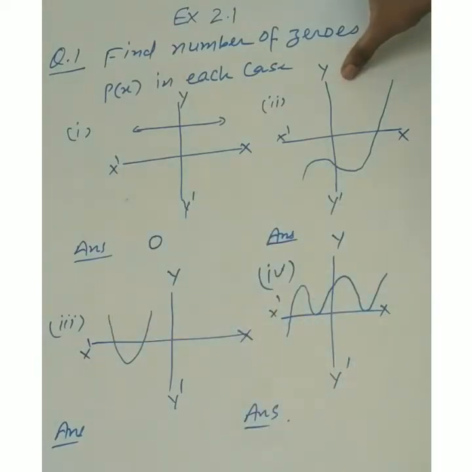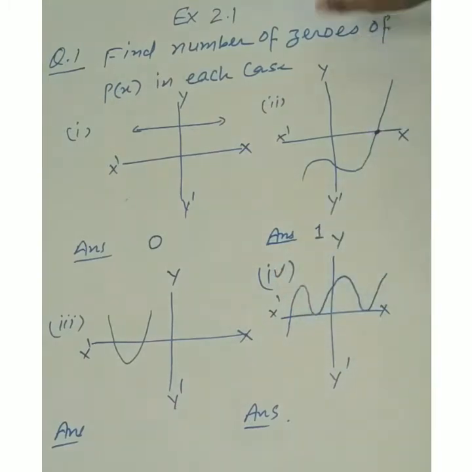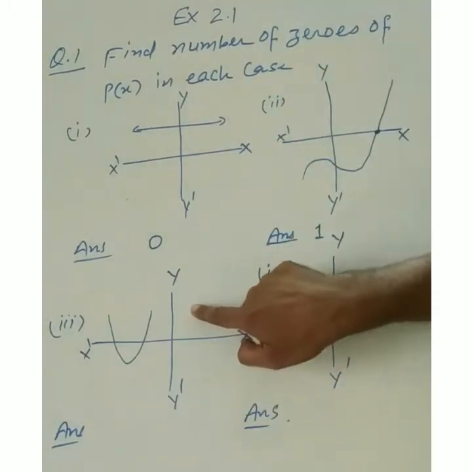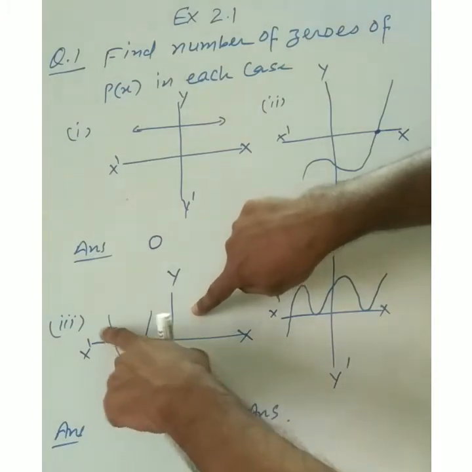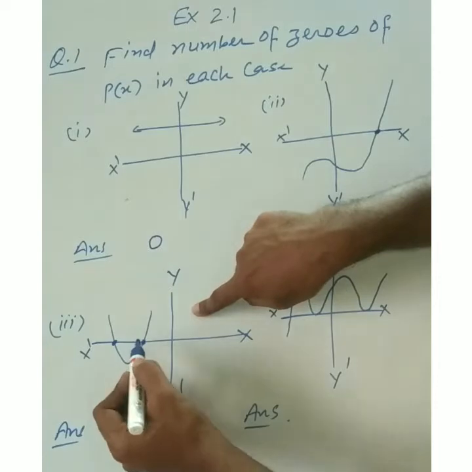Here in this one, this curve is intersecting the x-axis at this point, hence the number of zeros will be 1. Here this curve is intersecting the x-axis at this and this point.